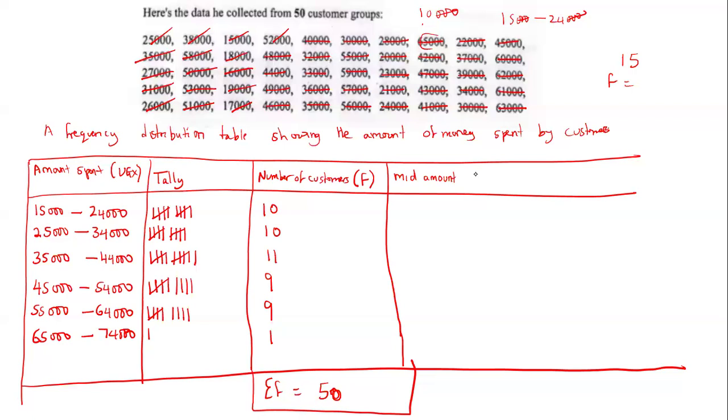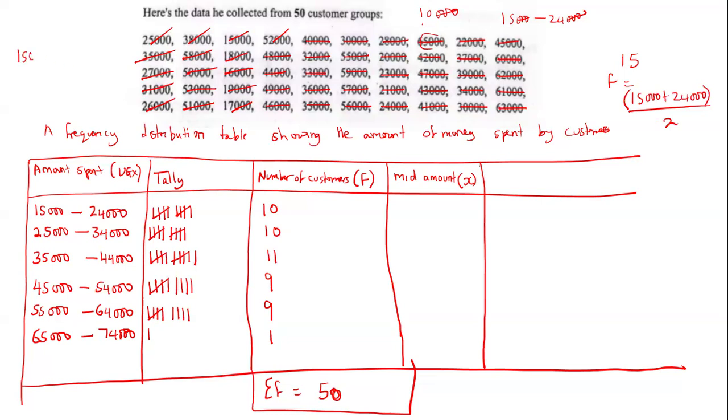Okay, so here is small f, then mid amount, I'm going to put in brackets x. We know that to get the mid amount, we add the two values and divide by 2. So you are going to have 150 plus 24, everything divided by 2. Some of you make a mistake on the calculator.